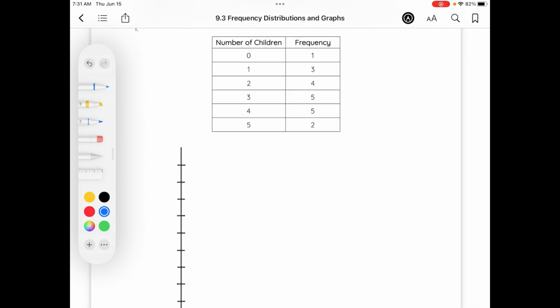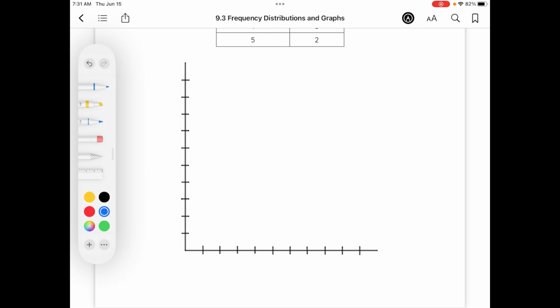So here's our number of children again and the frequency it happened. In this particular case, we had 0 children, 1, 2, 3, 4, 5.